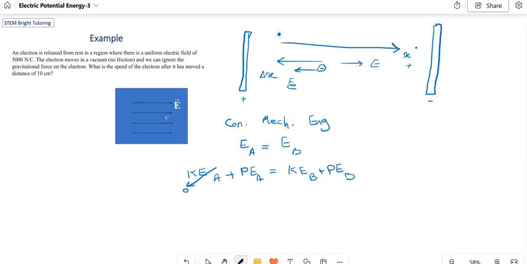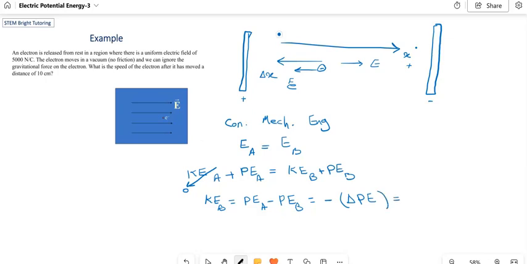We are looking for the final kinetic energy to be able to calculate the speed of the electron after its movement. So the kinetic energy at the final point is going to be the initial potential energy minus the final electric potential energy, which is the negative sign of the change in the electric potential energy in this displacement.